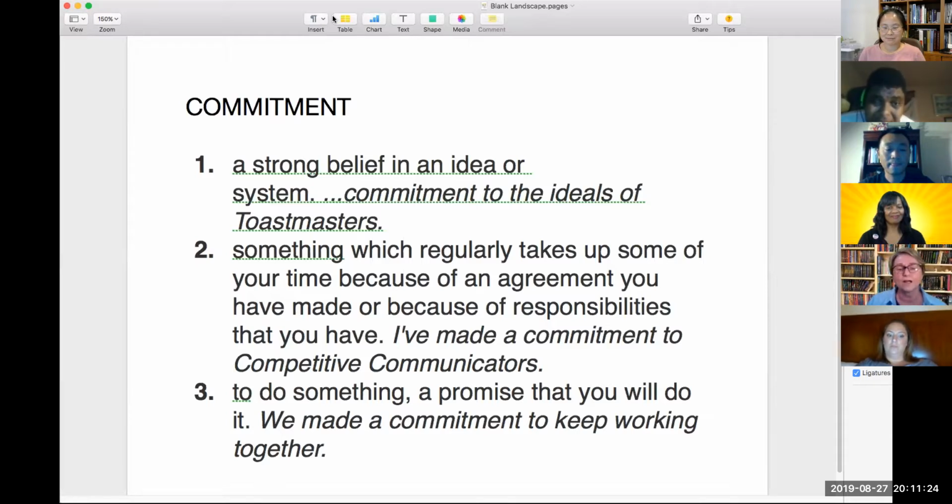Or it's to do something, a promise that you will do it, such as we made a commitment to keep working together. There are other meanings to the word commitment, such as putting someone in jail, but I prefer that we use these positive meanings if we can, although if you use it properly otherwise, I will certainly give you credit for it. Back to you, Madam Toastmaster.